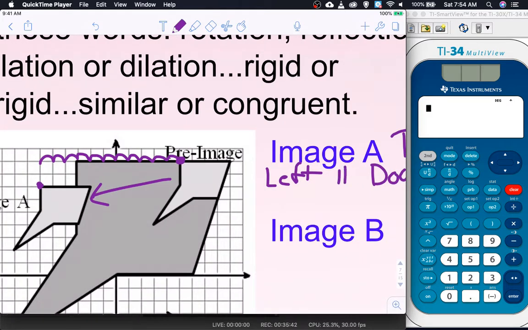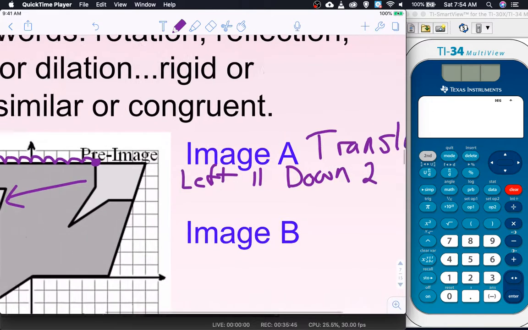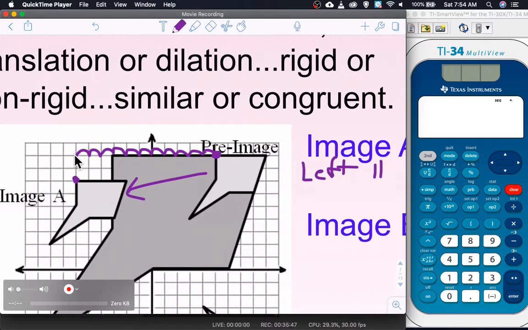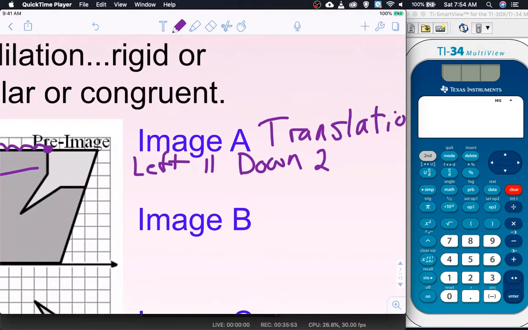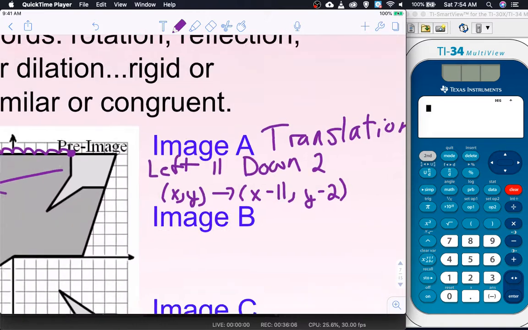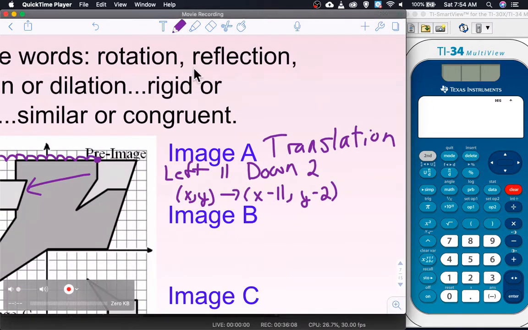Left 11, down 2. I just counted that in my head: 1, 2. So we're going left 11, down 2. That would be the rule (x, y): my x value went smaller by 11, my y value gets smaller by 2. That is the perfect description of this transformation. Now, if you had translation, left 11, down 2, that's still pretty good. But see if you can make the jump to get this rule as well. That's where it becomes a great answer.